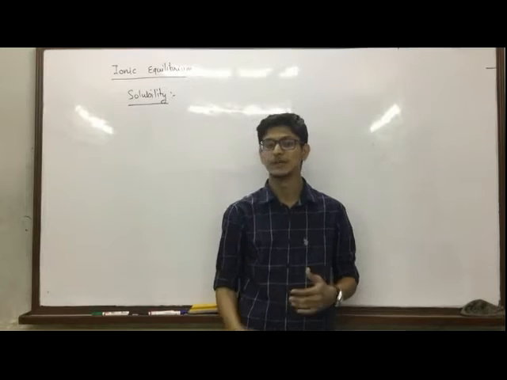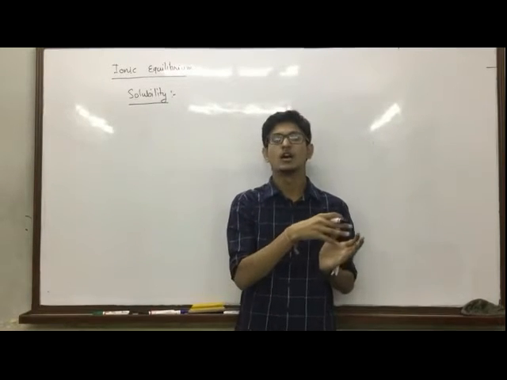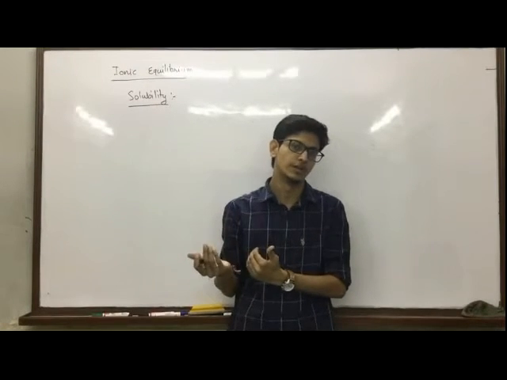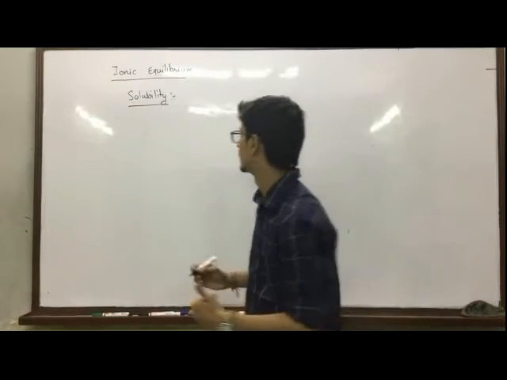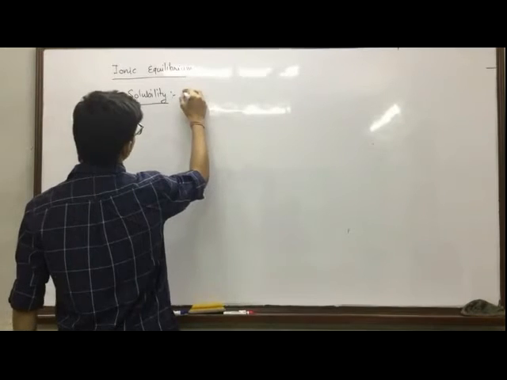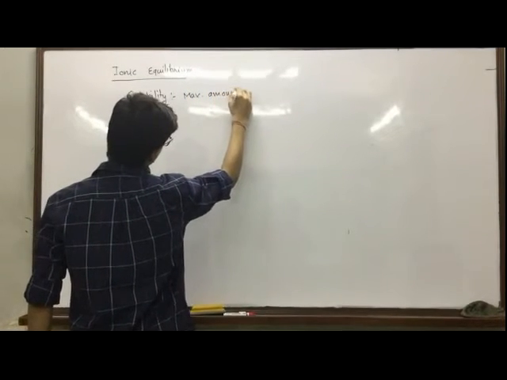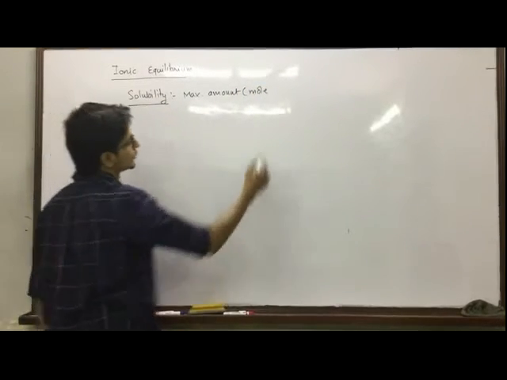So what is molar solubility? Molar solubility is the amount in moles, the moles of salt that can be dissolved in 1 liter of solution, and after that the further salt is not going to dissolve. That is the solubility. So what we can say, it is a maximum amount. This amount is in moles. Then this solubility defined will be the molar solubility. Right?